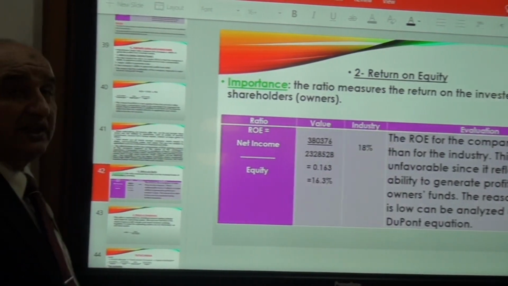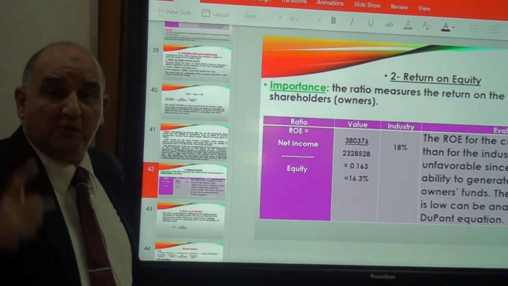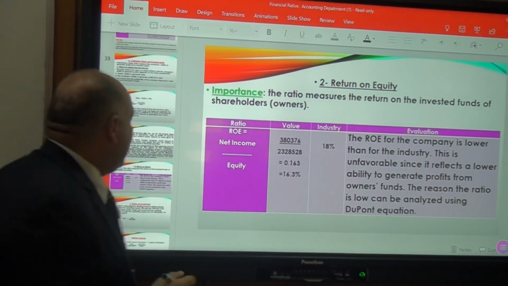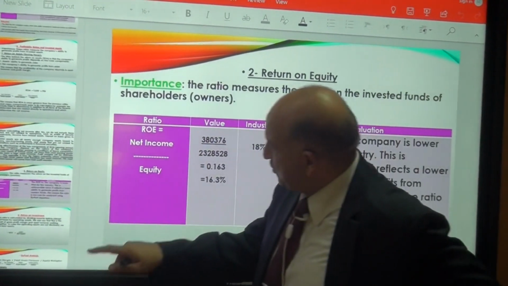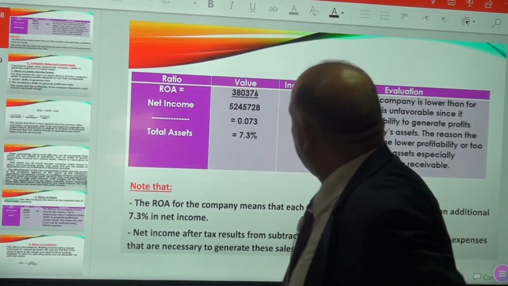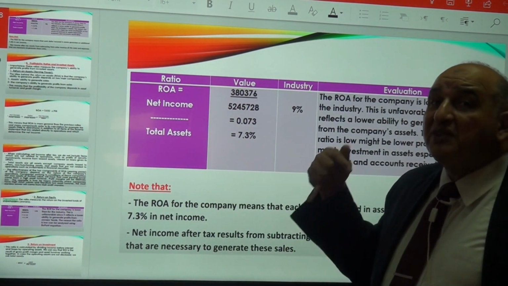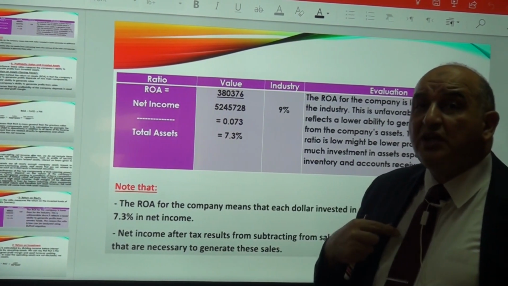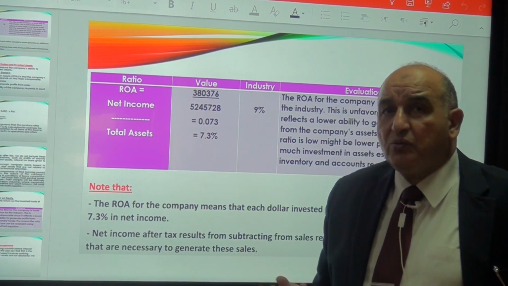Now we need to investigate why we are lower. But please don't forget our return on assets, remember this one? How much was it? 7.3. But our return on equity is 16.3, more than double. Why? What happened?